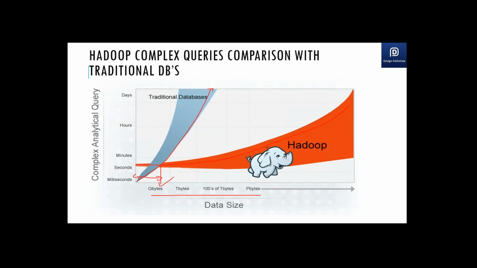But definitely, that's what I'm saying, it's not only the data size. Sometimes to process that unstructured data, you require a lot of processing power. So this intersection will come somewhere here itself.